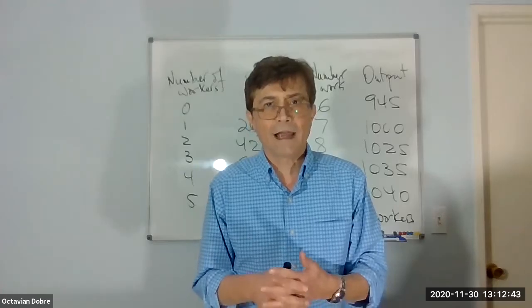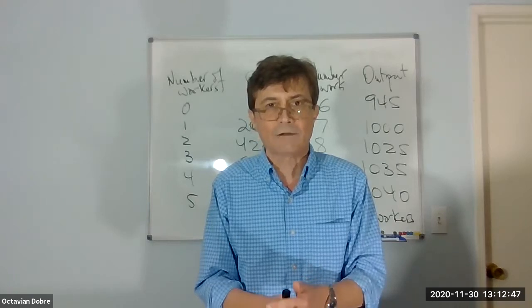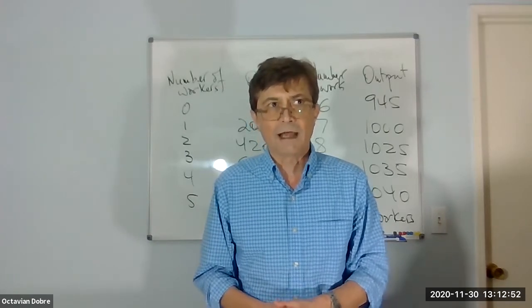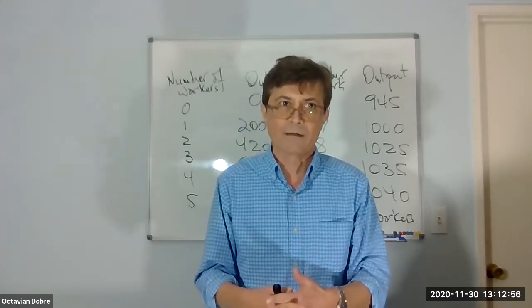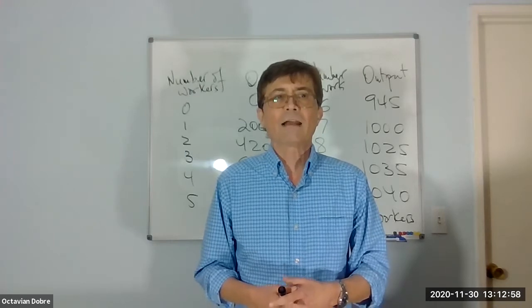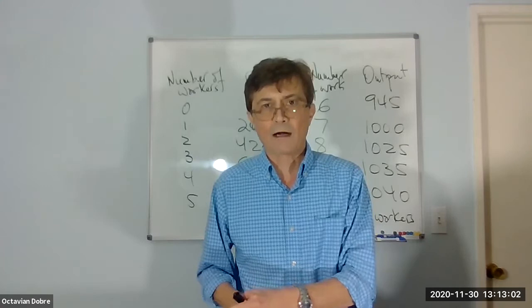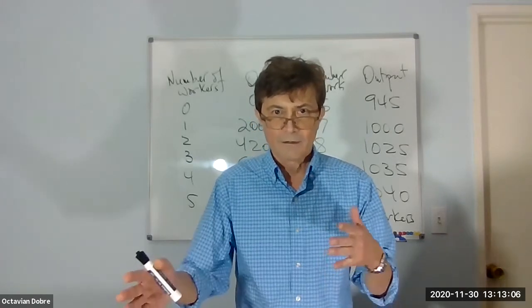Marginal factor cost. You told me that we hire to the point where marginal revenue product equals marginal factor cost. You also told me that marginal factor cost is equal to 200. It was given. So that means that we need marginal revenue product to be equal to 200, right?